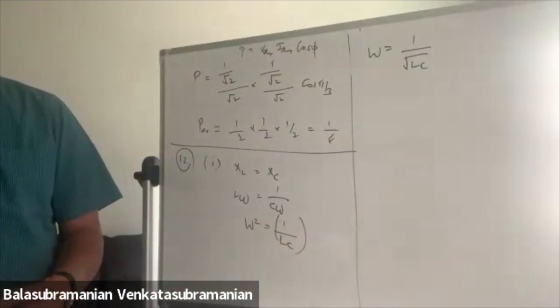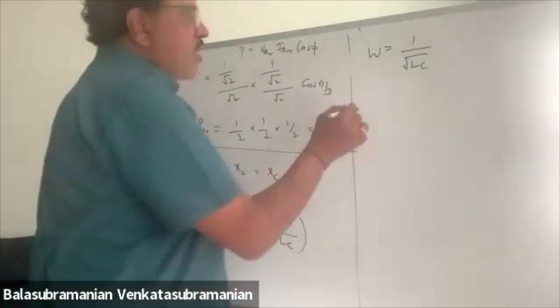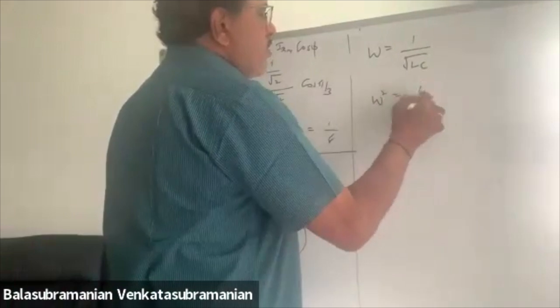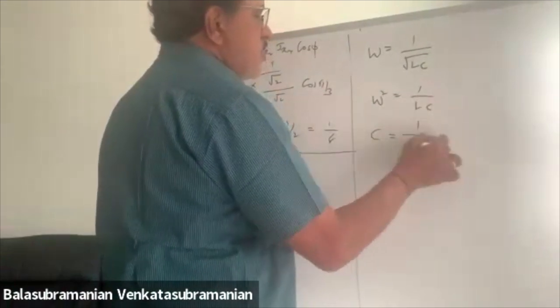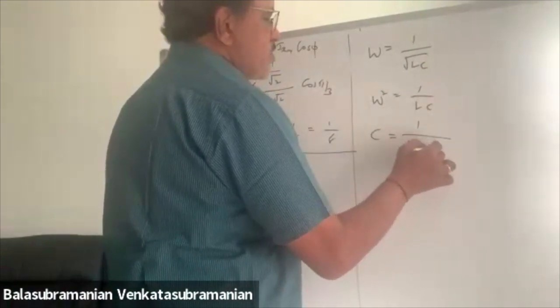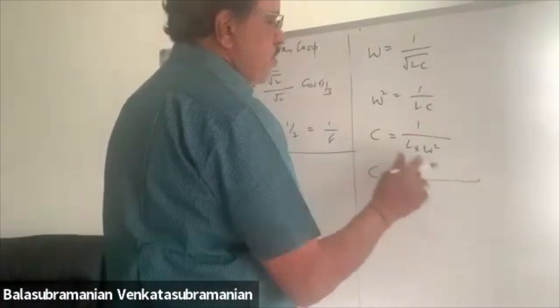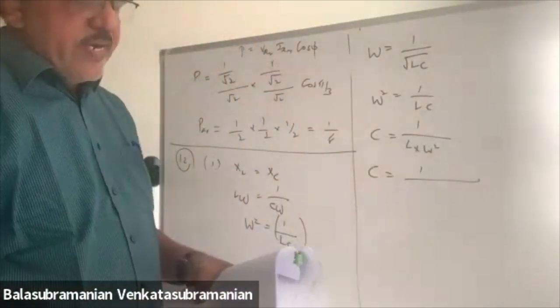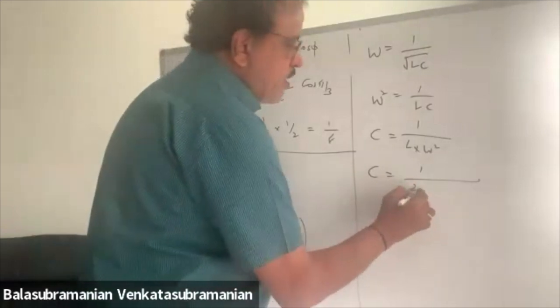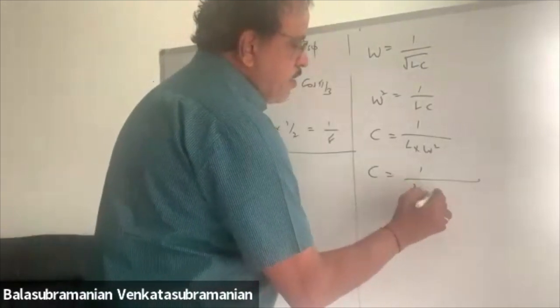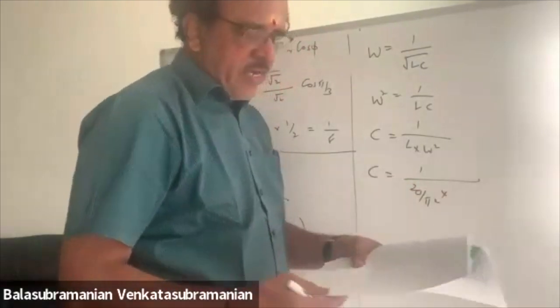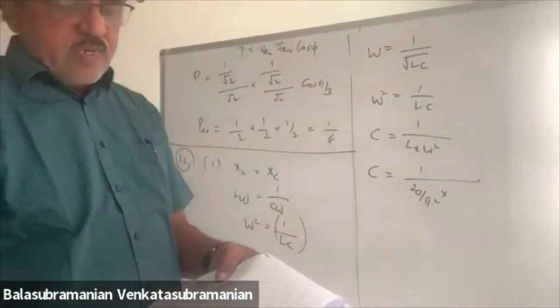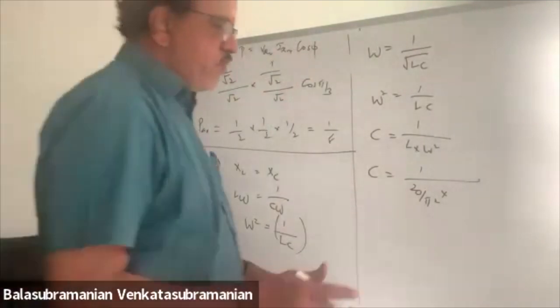C we have to calculate. So omega square is equal to 1 by LC. C is equal to 1 by L into omega square. What is L value? 20 by pi square. Into omega square. What is omega square? 2 pi into F.